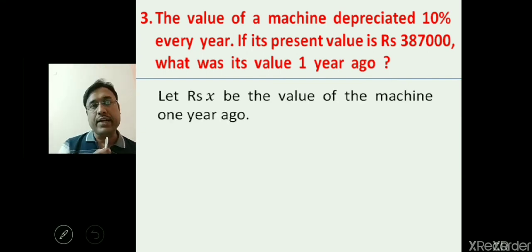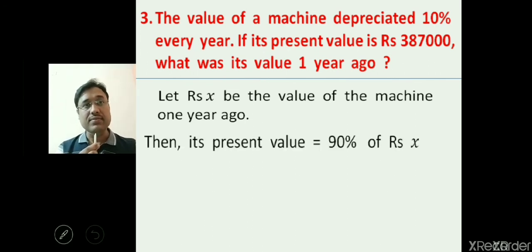You can write first: let rupees X be the value of the machine 1 year ago. Then its present value is 90% of X, because it is decreased by 10%. So you decrease 10% from 100%, that is 100 minus 10.